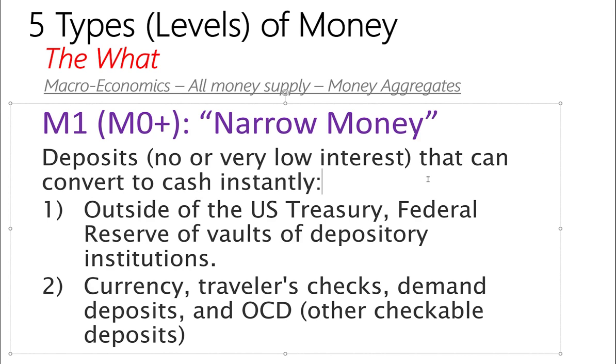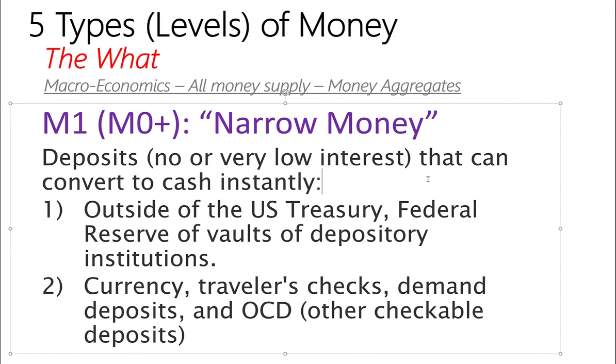So this is still considered pretty much within narrow money, and obviously this makes a huge difference these days with us using digital transfers and credit cards more than ever, and obviously that's only going to increase in the future, for better or for worse. It's probably both, definitely for worse.